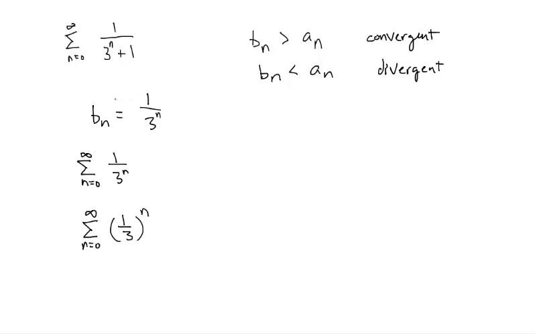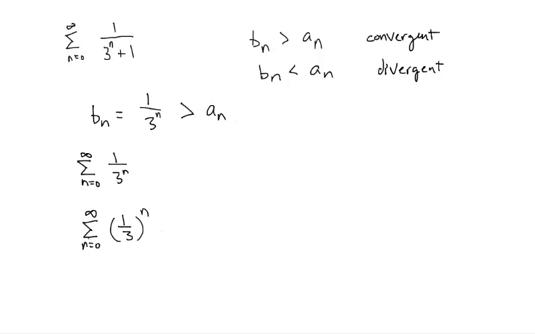So now if we go back and we look at b sub n, we have 1 over 3 raised to the n. And in order to get this b sub n, we took the 1 away, so we made the denominator smaller. And because the denominator is smaller, the overall number is bigger. So we made this greater than a sub n.